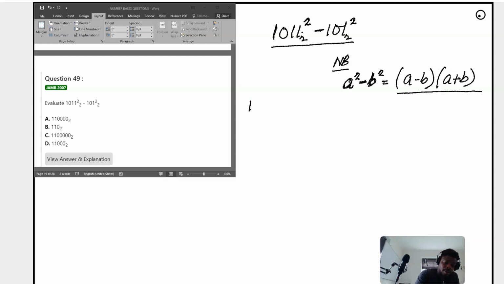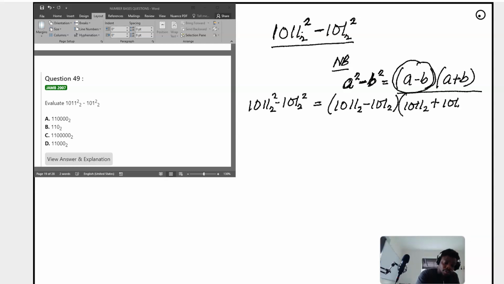So let's write this expression in this form. 1011 base 2 squared minus 101 base 2 squared is equal to 1011 base 2 minus 101 base 2, which is this one here, then 1011 base 2 plus 101 base 2, which is this one here.